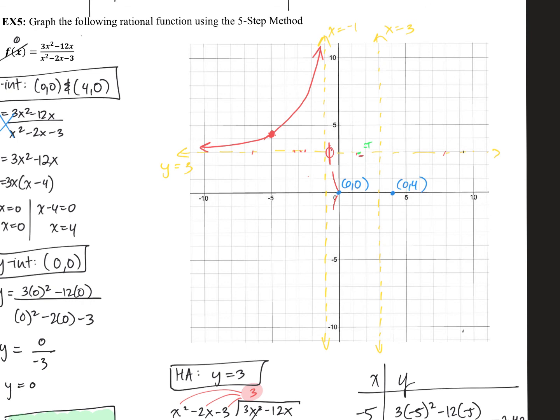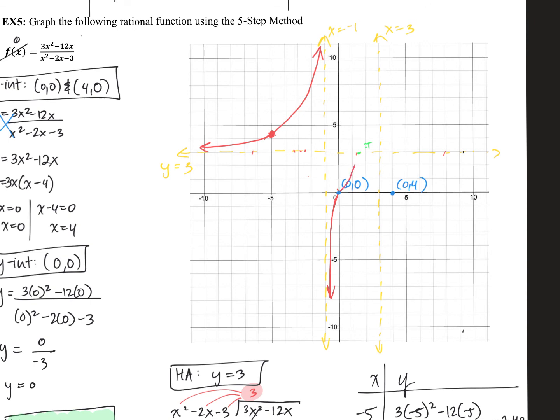It only crosses right here. So because of that, we know it must go down. Alright, so it goes down on the left side of my dot. And then on the right side of my dot, it can either go up or down. But I know it's going to go up.